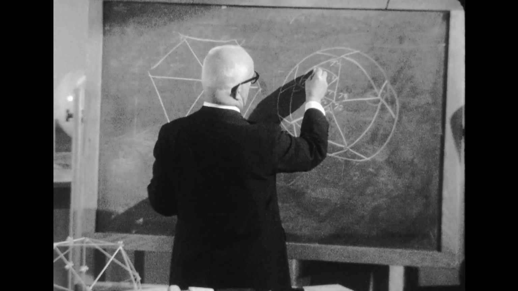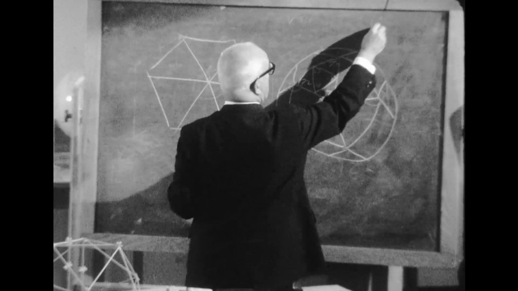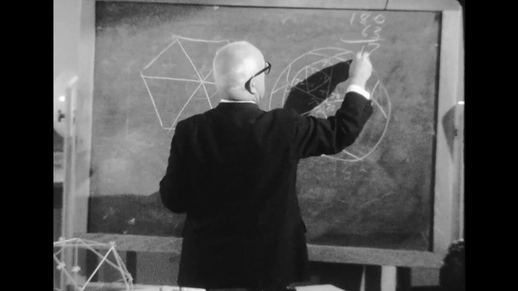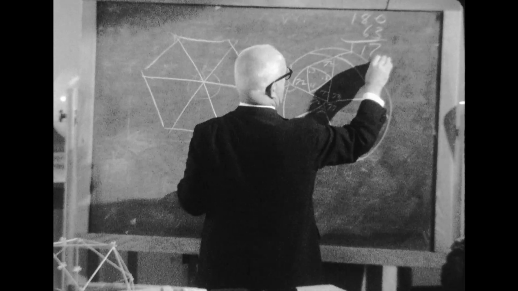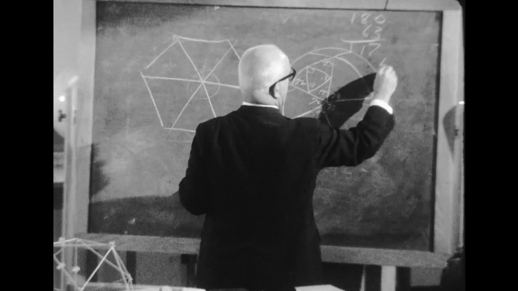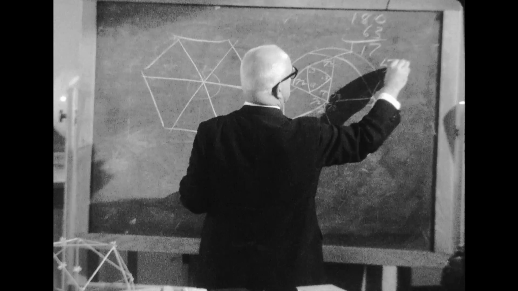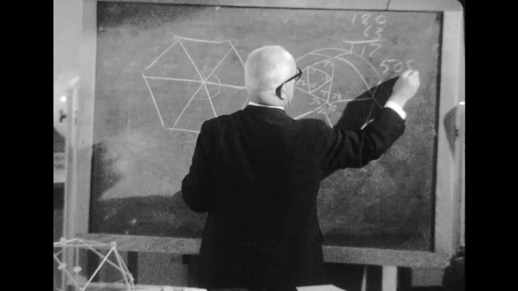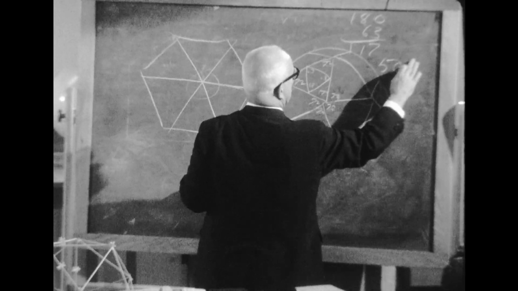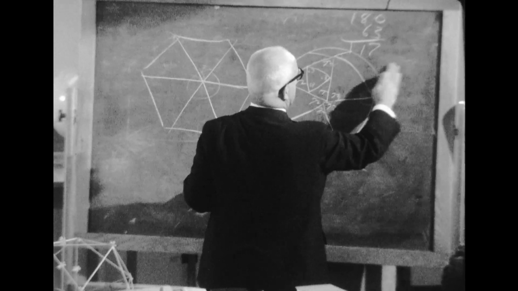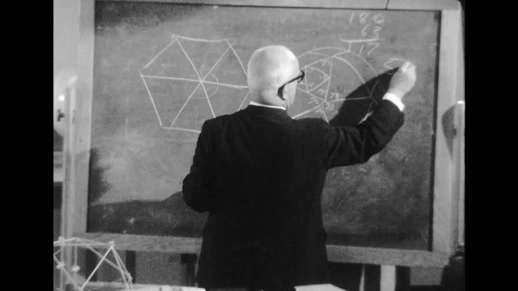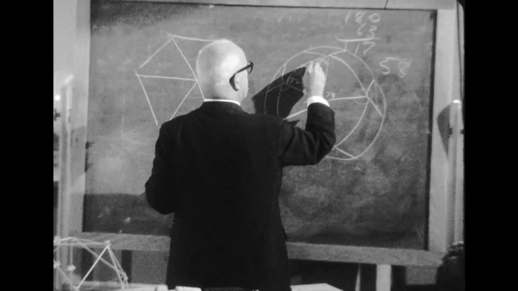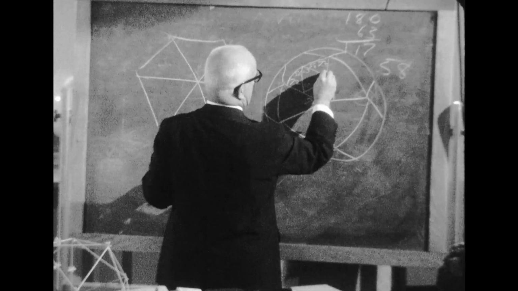This one here is 180, so 63 from 180 is 117, and then divide that into 2, and we get approximately 58 and a half degrees, 58 and a half, 58 and a half.